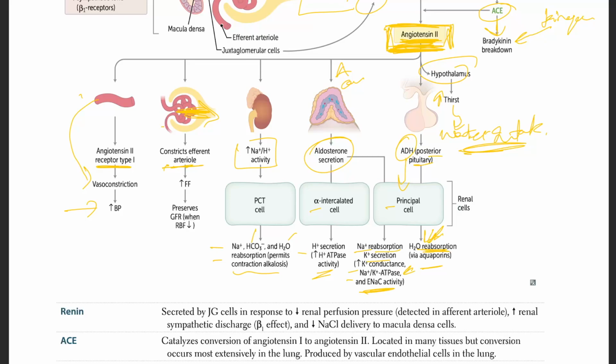One more thing that's going to happen, they haven't mentioned it here, is that due to ADH you will also have an increase in urea reabsorption. This increases serum urea levels, and that's basically why we are doing that, for water retention, because urea is a solute that wherever it is, it's going to draw the water towards it.